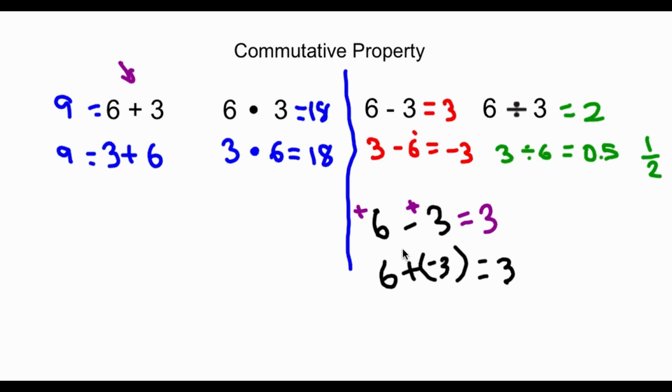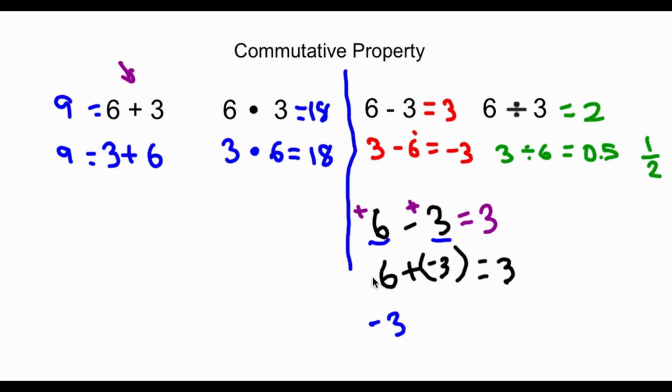Now, why is this useful? Well, when you're subtracting, you cannot swap the 6 with a 3. However, because we can turn a subtraction into an addition task, we can then swap them. So now I can move the 3 over and the 6 over. However, when I move the 3 over, I need to move it as the new term, which is the negative 3.